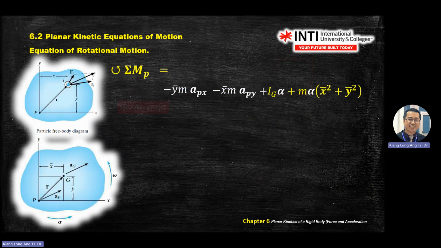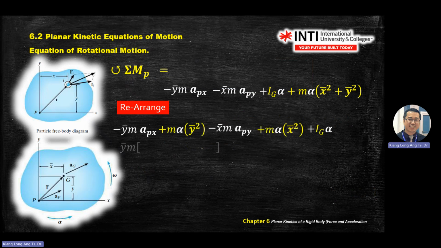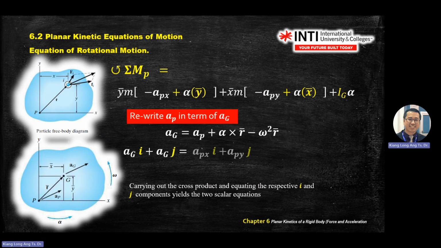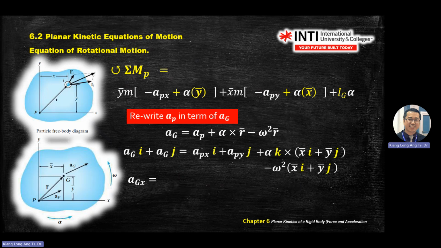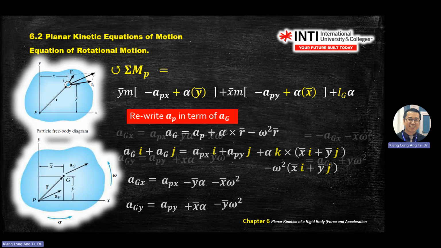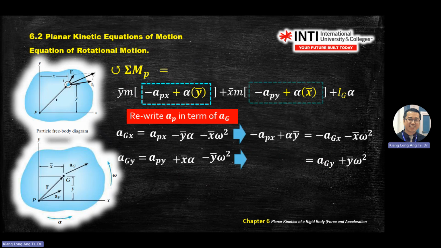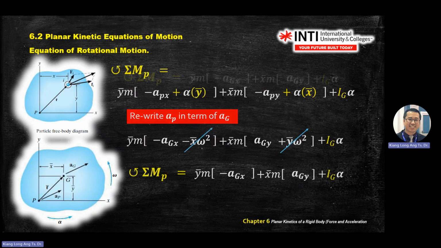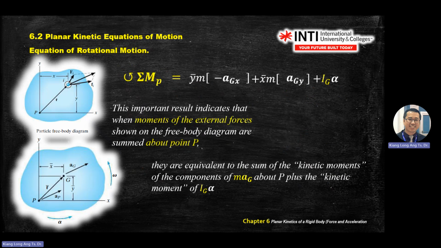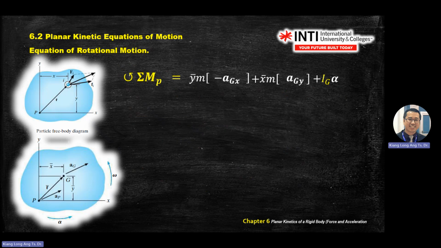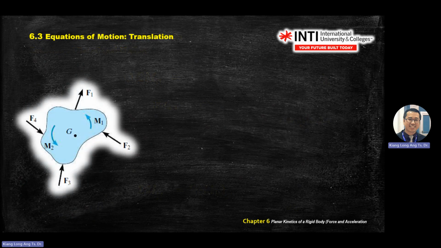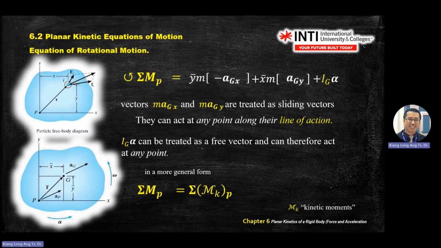I want you to look at one equation, the result of the derivation at the end. A lengthy equation. At the end, we arrive at one equation, which is this one and this one.